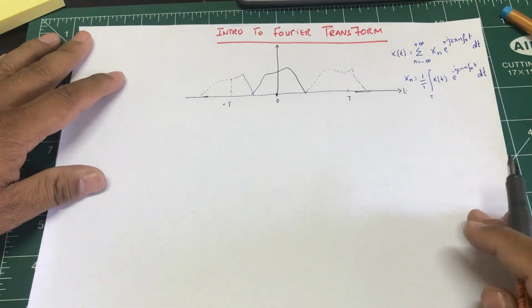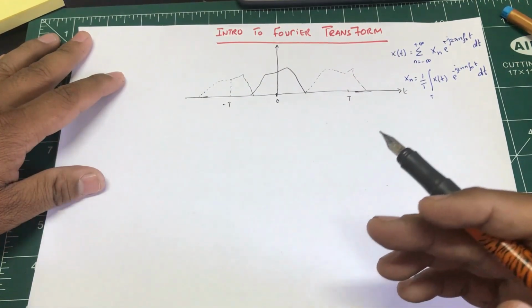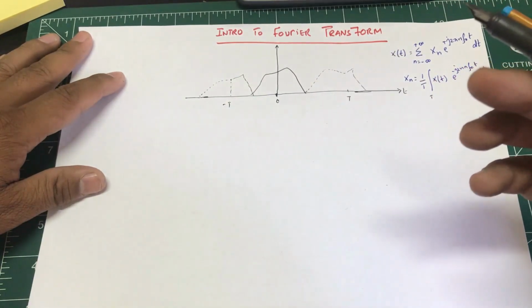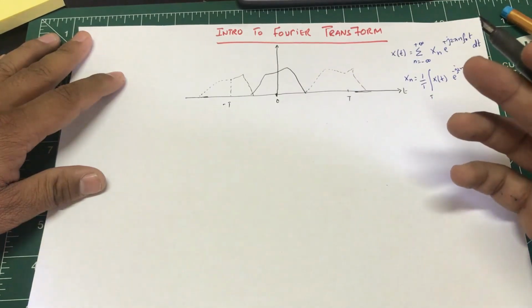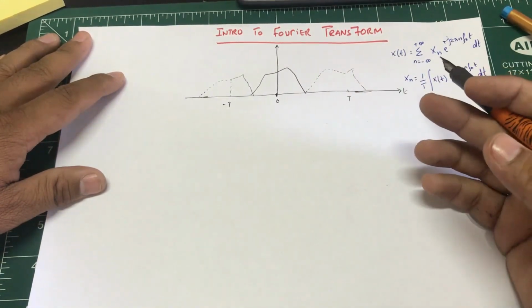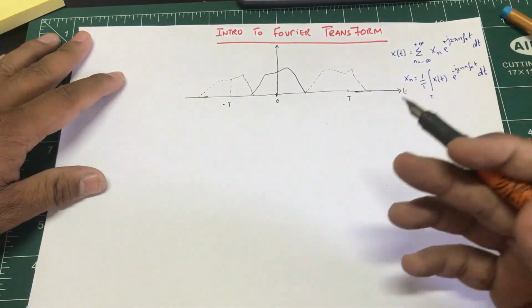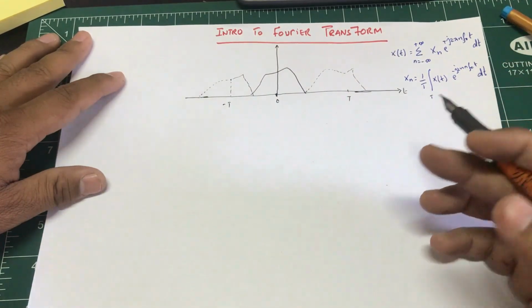There are a couple of things that I need to consider. I know that generally Fourier series is for periodic signals, but when I have an aperiodic signal, let's think of it just like a pulse or a signal that does not repeat itself, what do we do?